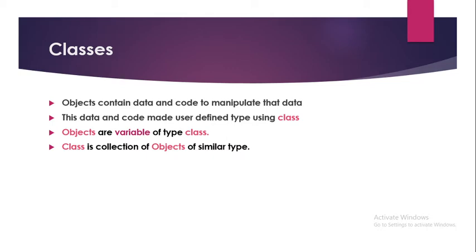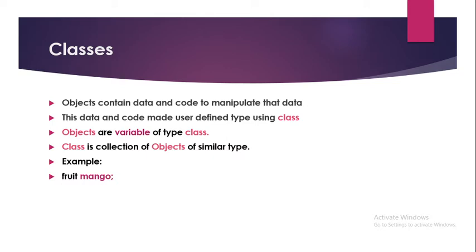Every object associated with that defined class will have a similar type of data and a similar set of functions. And again I repeat, objects are variables of type class, a runtime entity for the class.